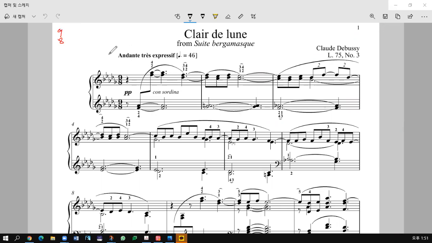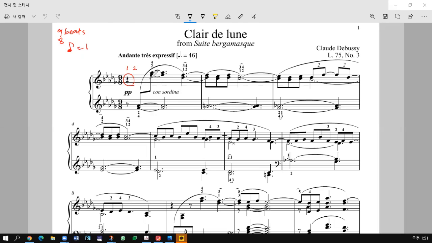So what does that mean? 9 beats in each measure, and the eighth note gets 1 beat, right? So let's look at that. Oh, this is what? A quarter rest. Its value is the same as the quarter note, right? So a quarter note has 2 eighth notes, right? So 1, 2.